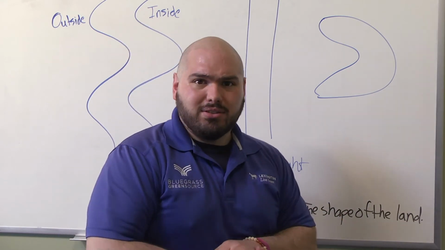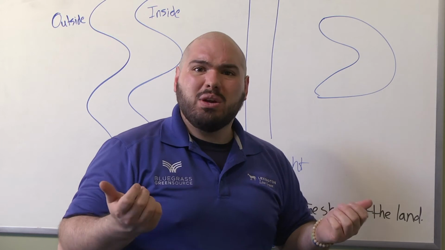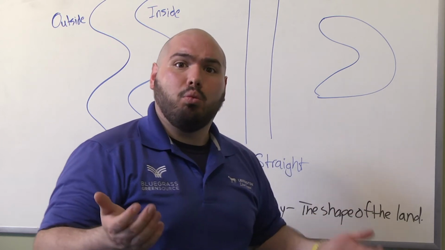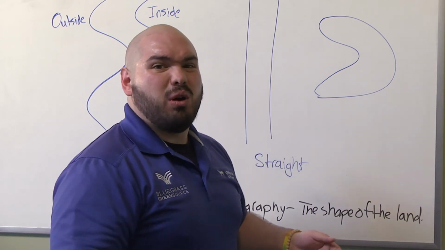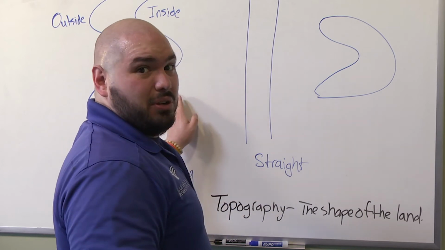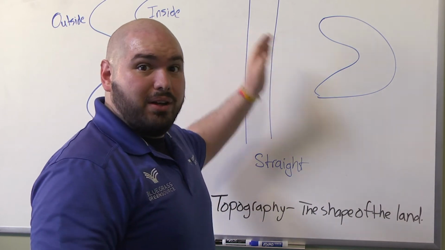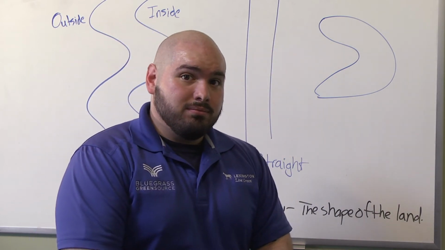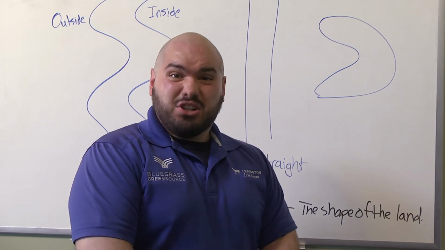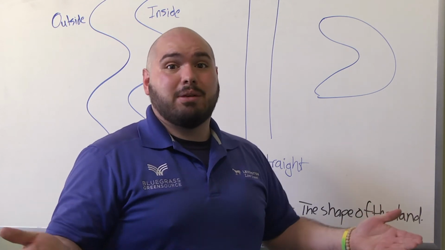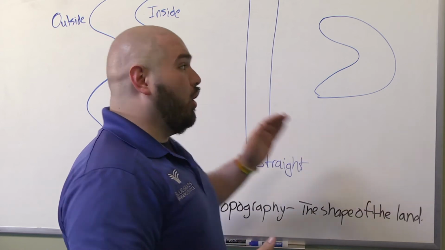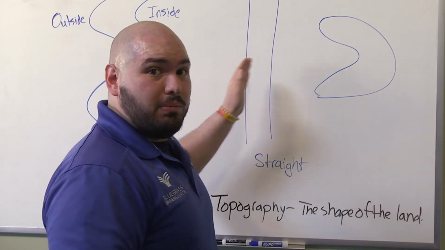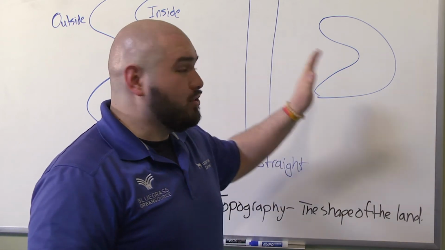Now, think about this. Where do you think we see more erosion happening? Which do you think moves faster? Do you think water moves faster in a meandering stream or in a straight stream? If you're not sure, it's probably because there are several factors that might impact that. But if all things were the same except for the shape, water's probably going to move faster in a straight stream.